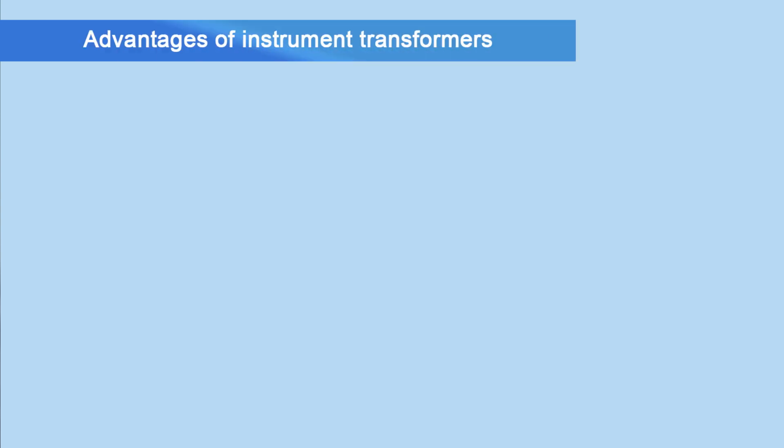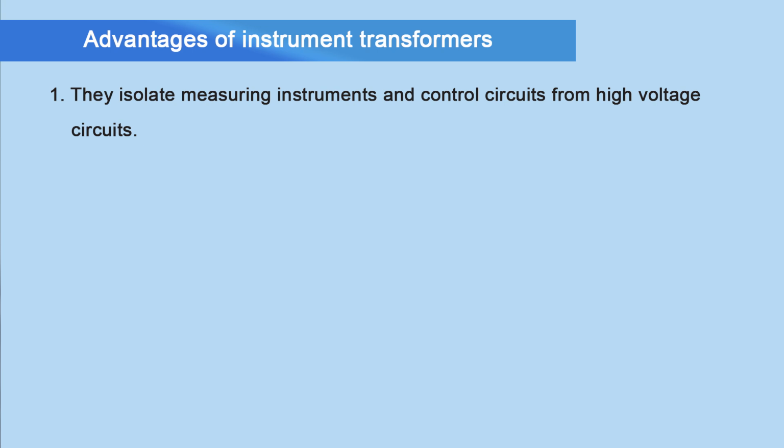Now we will discuss the advantages of instrument transformers. The first advantage is they isolate the measuring instruments and control circuits from high voltage circuits. So the first advantage is its isolation property.